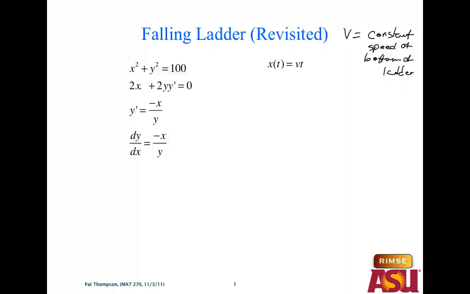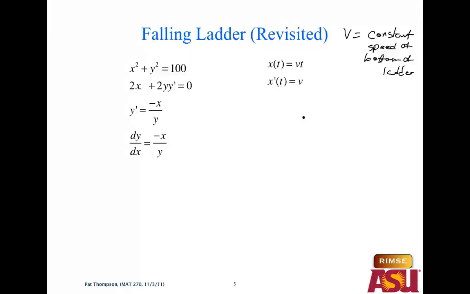So the rate of change then is obviously just v. It's the constant rate of change, right? And that follows our rule that it's a constant multiple times function, but that's the constant speed.